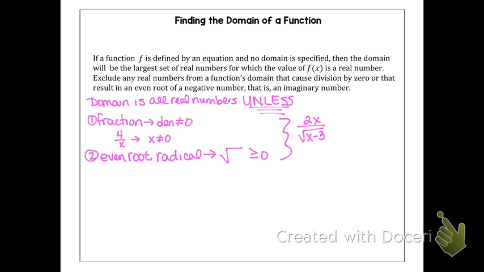And we have an even root radical, which has to be greater than or equal to 0. But it's in the denominator. So even though the radical part says greater than or equal to 0, the fact that it's a fraction says it cannot equal 0. So if you end up with one like this, where there's a radical on the bottom, just set your radical greater than 0 and solve. We'll see some of them coming up later, and we'll go more into it when we get there. So just watch out for those things.